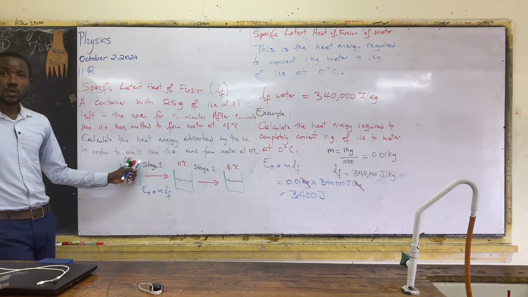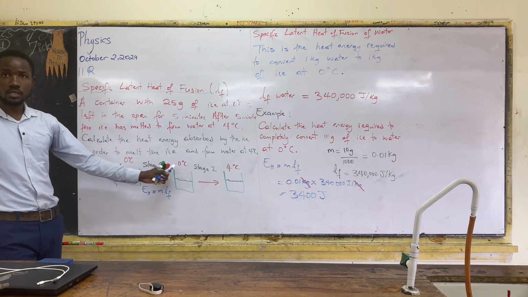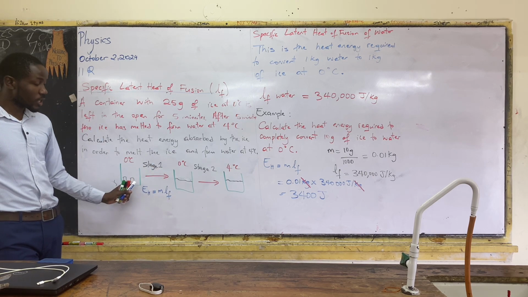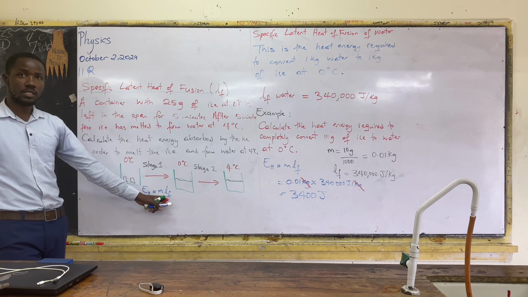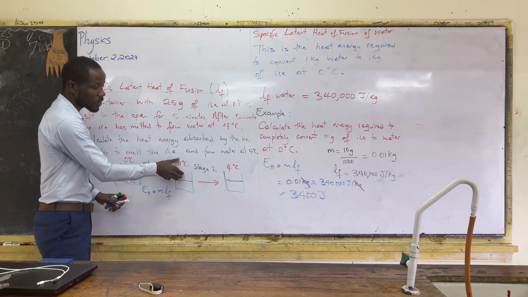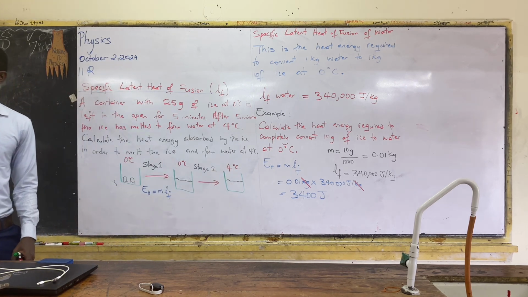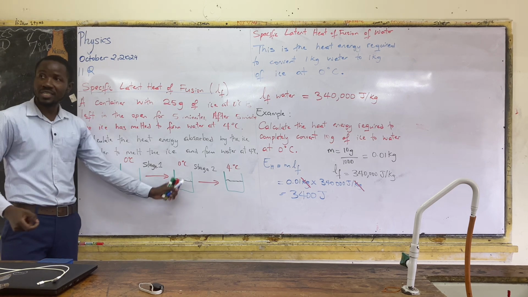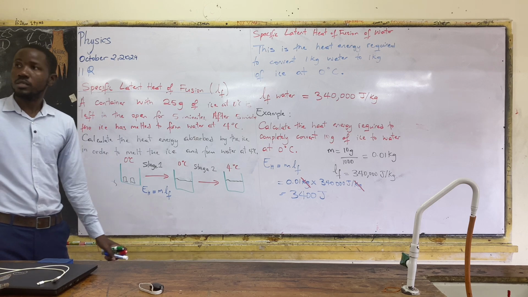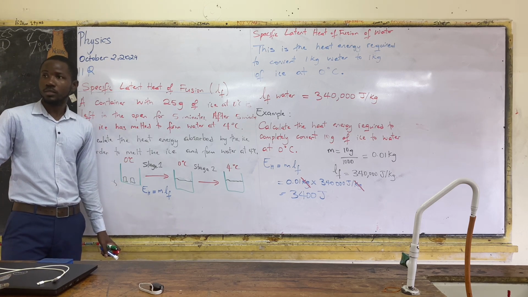So again, we know that it's a latent heat because there was no change in the temperature, right? But because we go from solid to a liquid, it's the specific latent heat of fusion, okay? Now in this case, we go from 0 degrees Celsius to 4. So in that case, there's a change in temperature, so we have to associate the heat energy right here with a change in temperature, which is our M what?